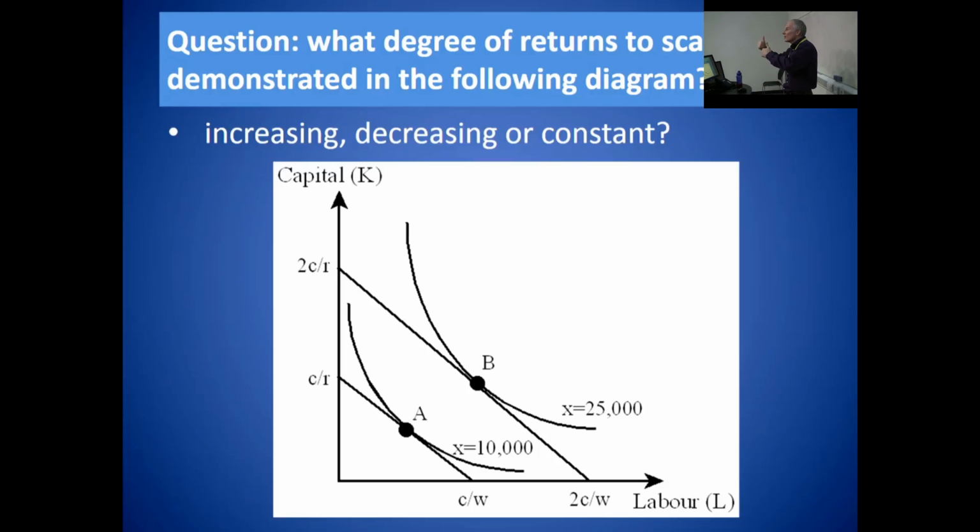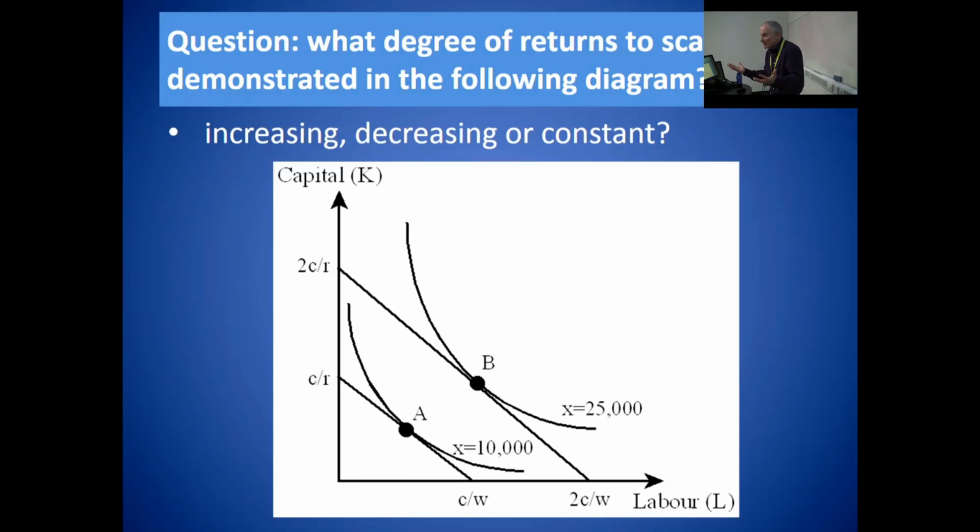So, we've doubled all factor inputs. Our cost has gone from C up to 2C. We doubled everything, so costs have doubled. In doing so, we're able to produce now more than twice the amount of output. Output has gone up from 10,000 to 25,000. It's more than double.